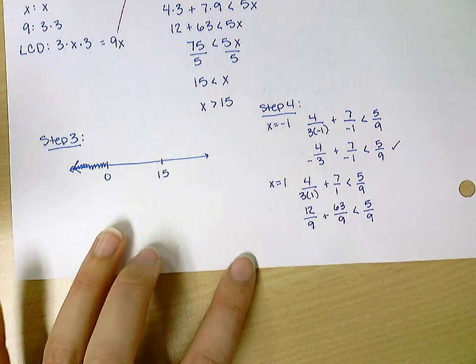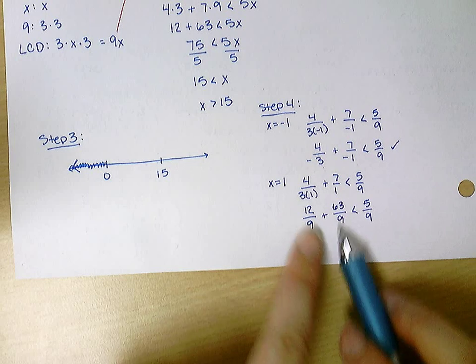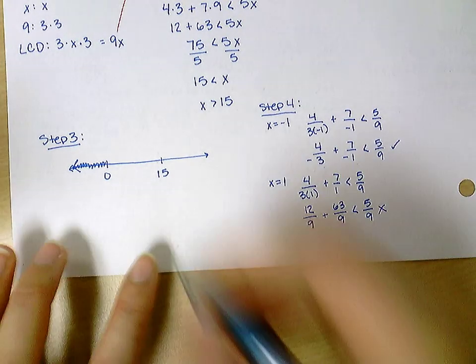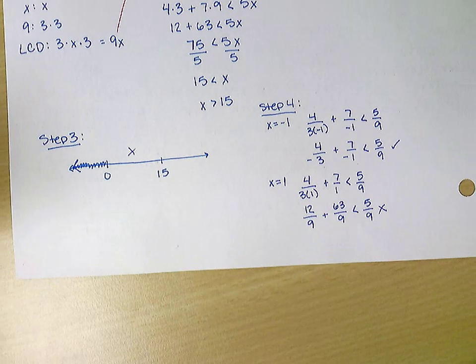Less than 5/9. When I add these together, is this less than 5/9? No. It is not less than 5/9. So that one does not work. So my values between 0 and 15 do not work when I plug them in.